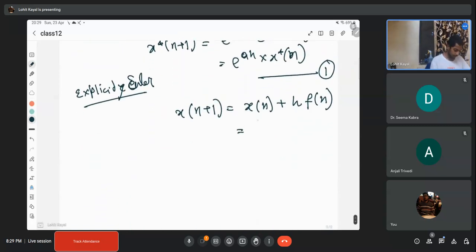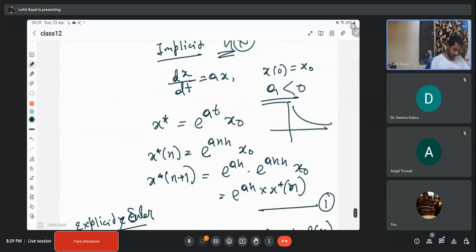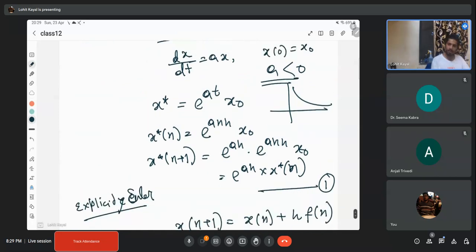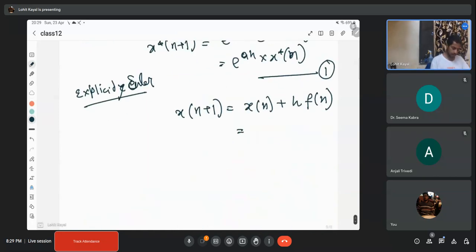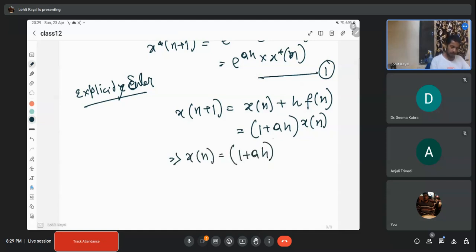Now f of n is a into x n, so it will be 1 plus a h into x n. That means x n I can write in this way, 1 plus a h whole to the power n x0.